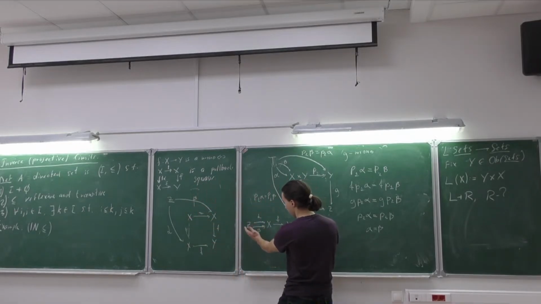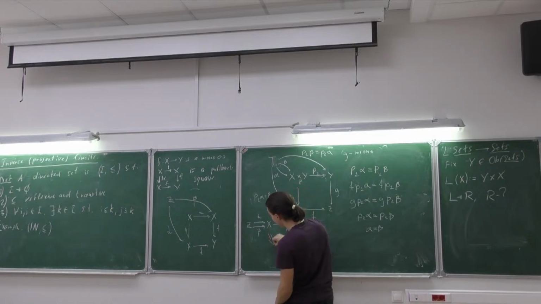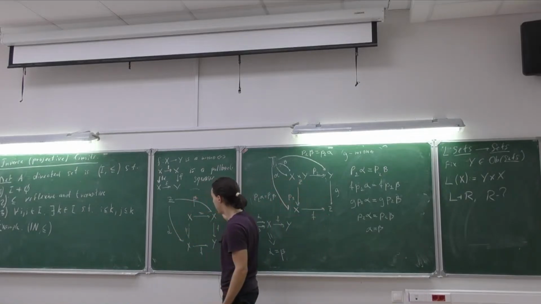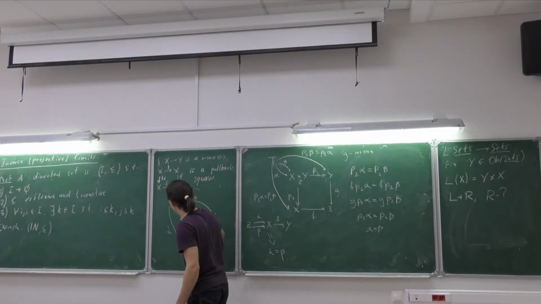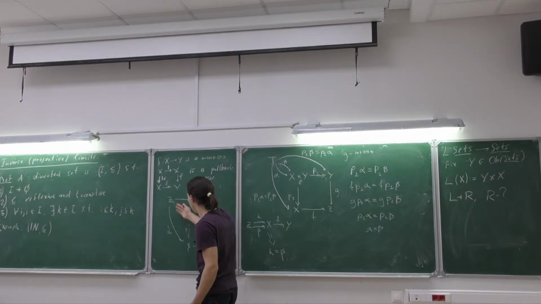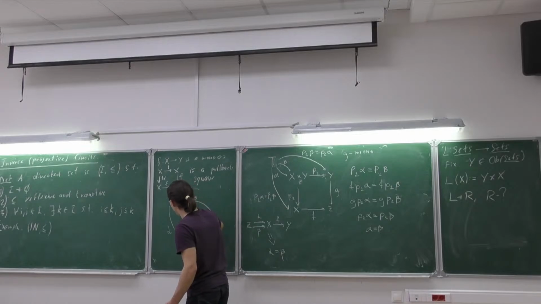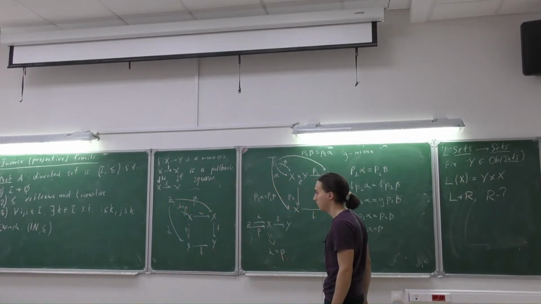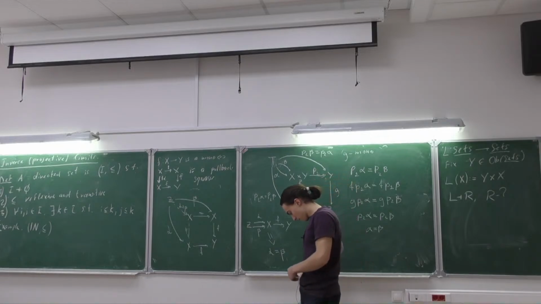So we have that these maps are equal, and therefore we can draw a unique arrow to this X, which is just alpha or beta, whatever you want to call it. So this proves terminality of this object. Okay, questions?